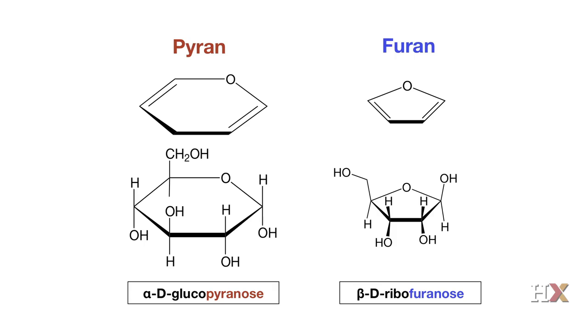So we can have a new nomenclature. For example, alpha D-glucose has a ring that resembles pyrane, and we can call it alpha D-glucopyranose. Or ribose, beta D-ribose, has a structure that resembles a furan, and we can call it beta D-ribofuranose.